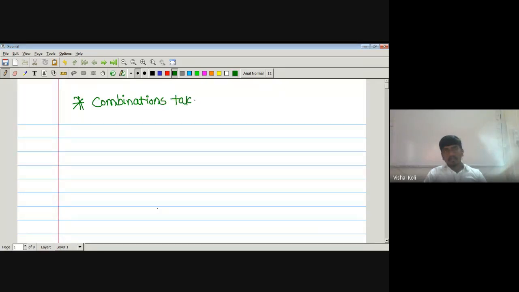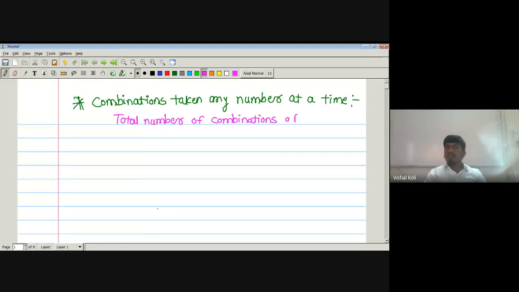Okay, so the total number of combinations of n different things taken any number at a time is 2 to the power n minus 1.